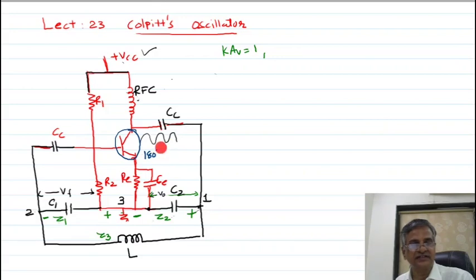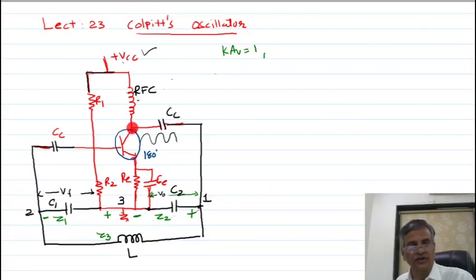As a result, the power supply is prevented from getting short circuited with this high value of AC current, because at high frequency these offer a very high reactance, so it will not be short circuited with the AC current.